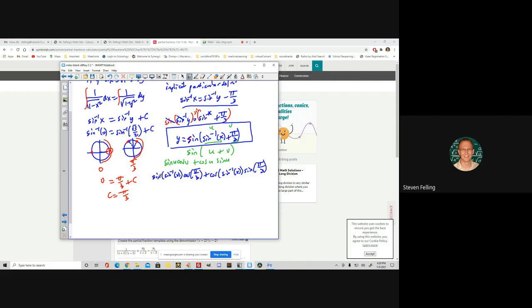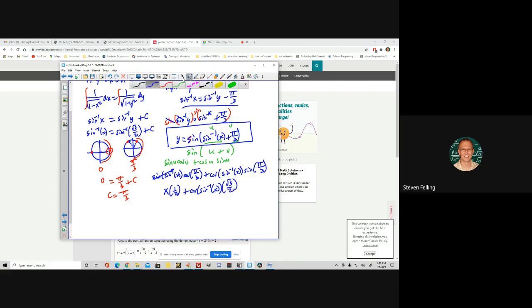Well, the sine of the inverse sine, these cancel and leave x, so this is x. And the cosine of pi over 3 is 1/2. And then we've got this cosine of inverse sine of x, and the sine of pi over 3, which is the square root of 3 over 2.